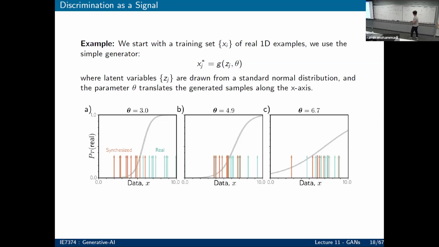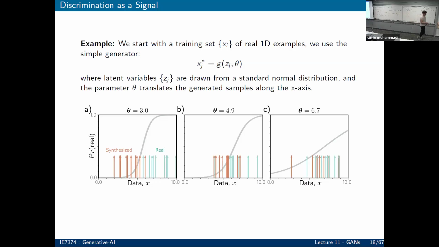As you can see, the generated and the real data are really disjoint from each other, and it's pretty easy for the discriminator to separate them. This line that you see is a sigmoid line that separates both classes perfectly at 0.5.